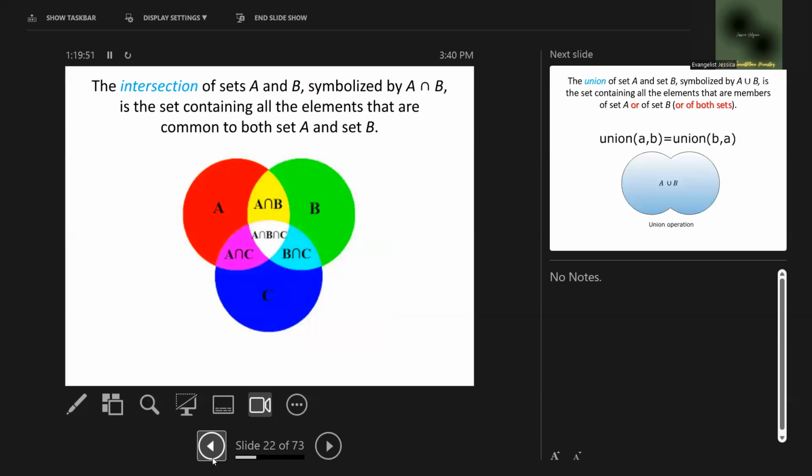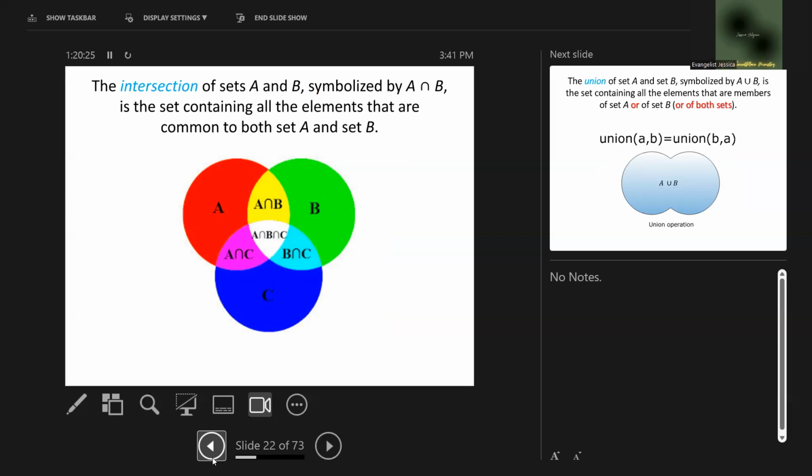Now we can have intersection between different sets. For example, the intersection between set A and B is symbolized by that yellow area, A, then that inverted U, B. And then that white area is the intersection between A, B, and C. Between A and C is that purple area, and between B and C is that blue area.